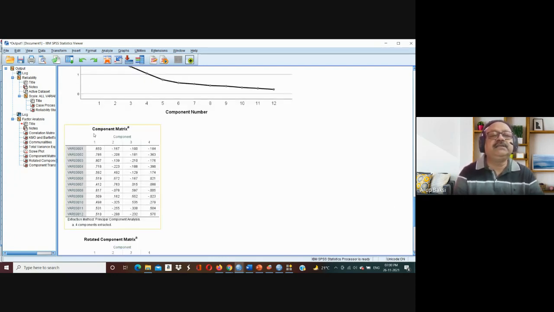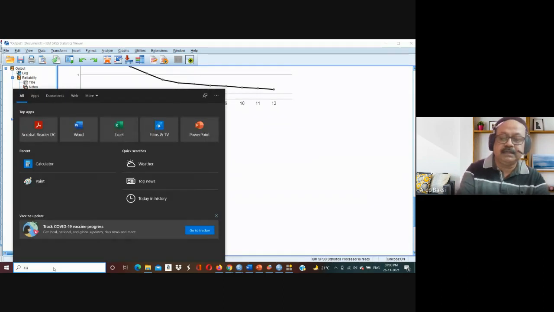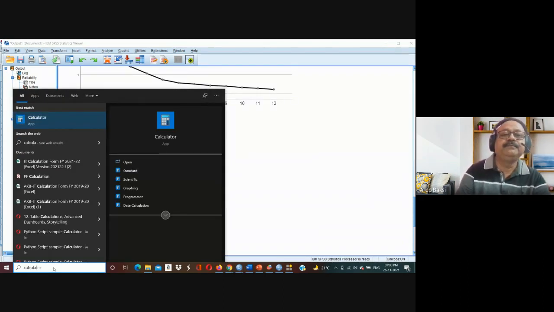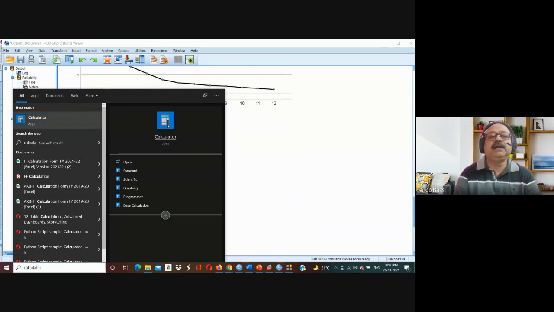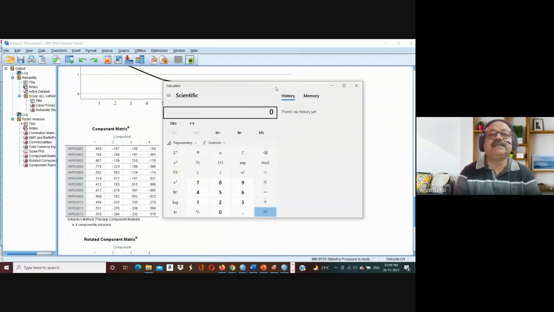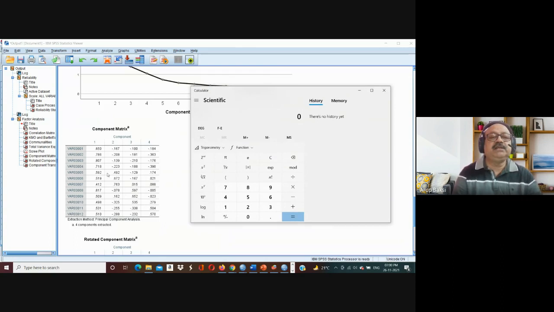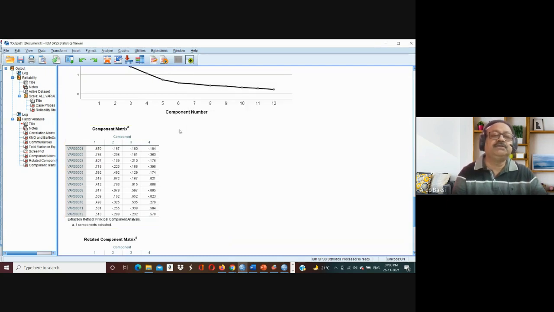Now, consider this component matrix. Let me bring up the calculator, then you will understand how this communality is calculated. Communality is the summation of this particular factor score squared plus this factor plus this factor plus this factor, so all the squared factors.